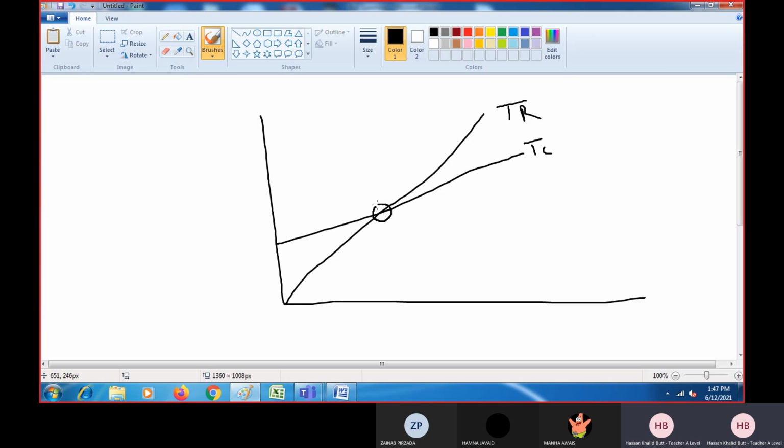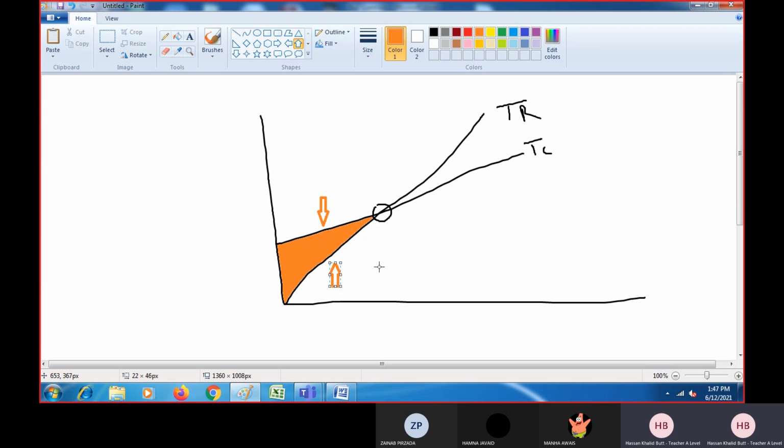Before that, this is the area which is loss. Why? Because throughout this area, total cost is greater than total revenue. This line is total revenue, and total cost is above total revenue throughout this area.